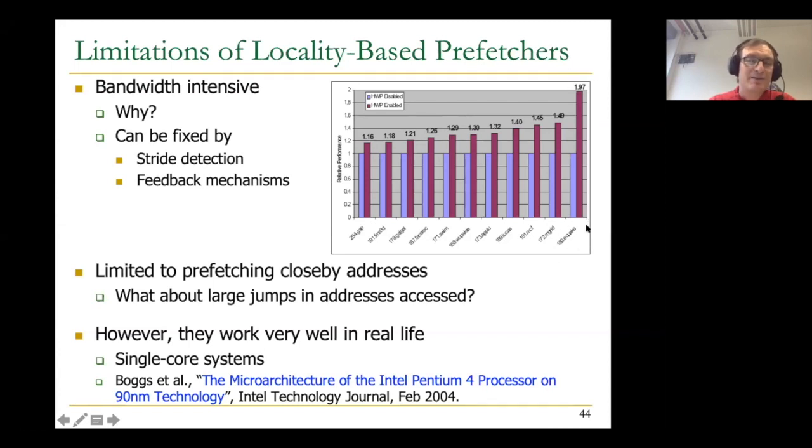Some of these clearly have predictable access patterns, but the performance improvements are very significant, as you can see. With prefetching, you can see high performance improvements basically because you're covering a lot of the latency if you're doing things right. Okay. So this slide is not just about limitations, but also positives of locality-based prefetchers.